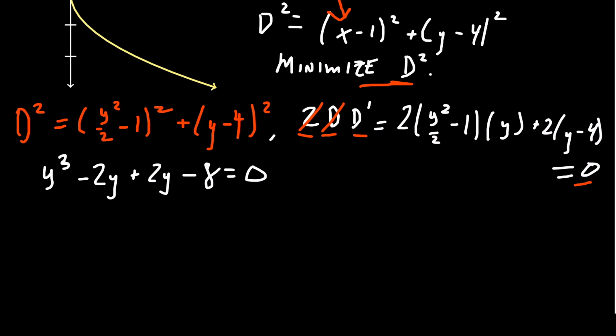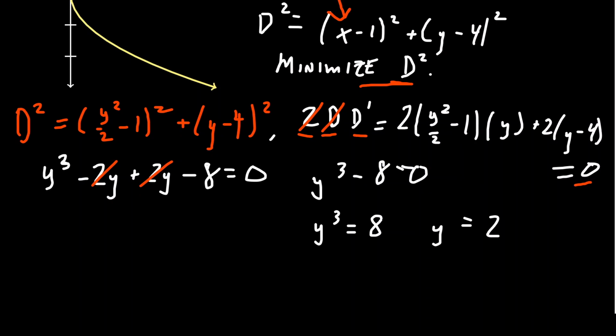You can see that the y's cancel out, and we're left with y cubed minus 8 equals 0. Solving for y cubed, we get y cubed equals 8. And taking the cube root, we'll get y equals 2, the cube root of 8.